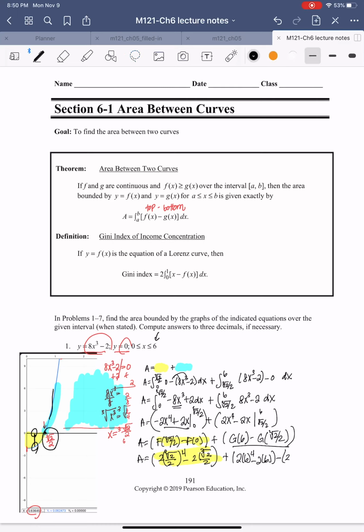Okay. 2 times cube root of 2 over 2 to the fourth minus 2 times cube root of 2 over 2. And that will be the whole blue one right over here.